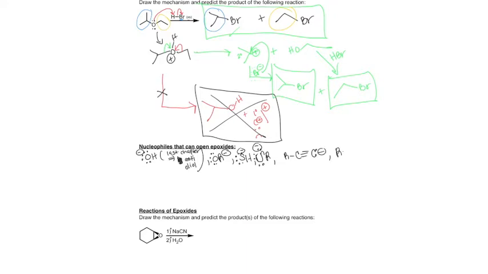We could use a Grignard because that's a nucleophilic carbon. We're familiar with another nucleophilic carbon, cyanide ion. So these all come back. We also will see more hydride sources that we didn't use as frequently in the beginning.